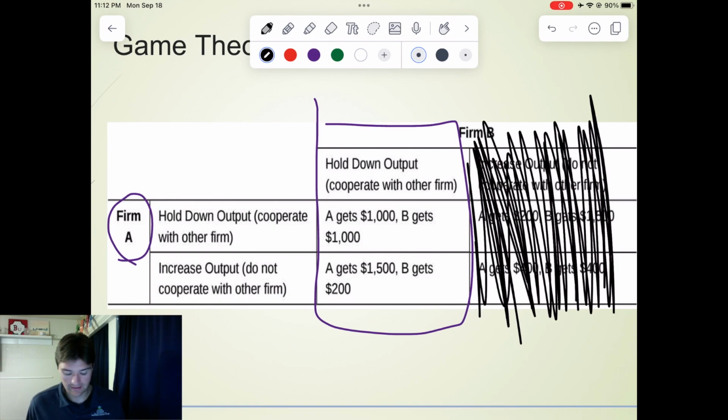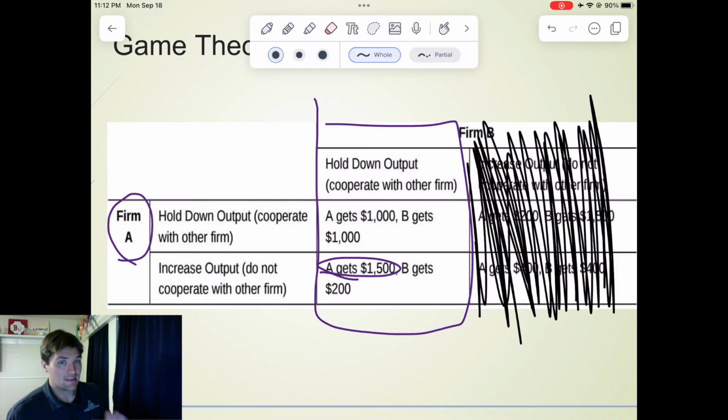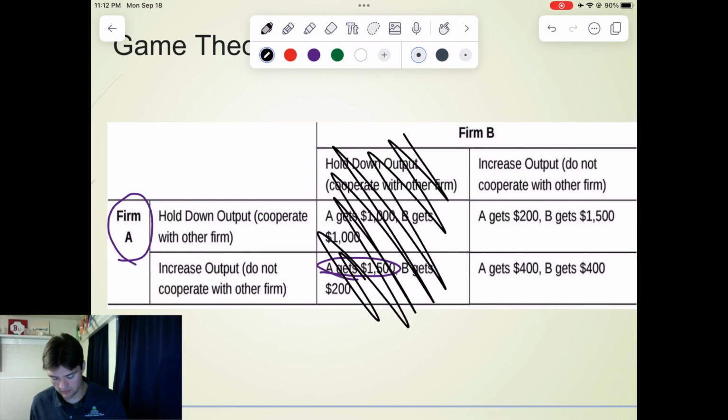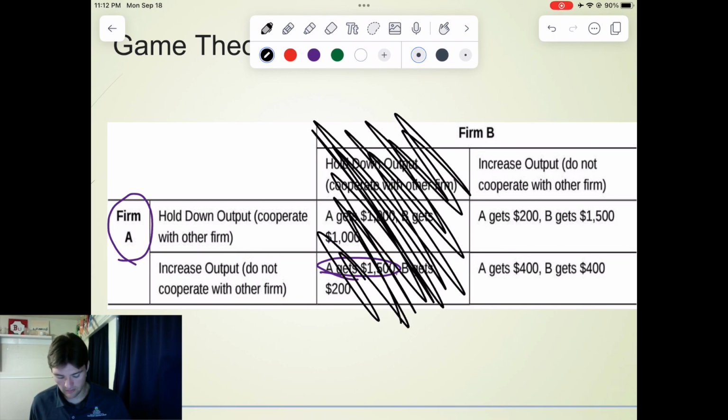Is it better for A to get $1,000 or $1,500? Obviously, it's better for A to get $1,500, so we would choose that option there. So now that we're done with that, what if we were to flip it around and say B were to increase output? So now I'm going to block off the other side.